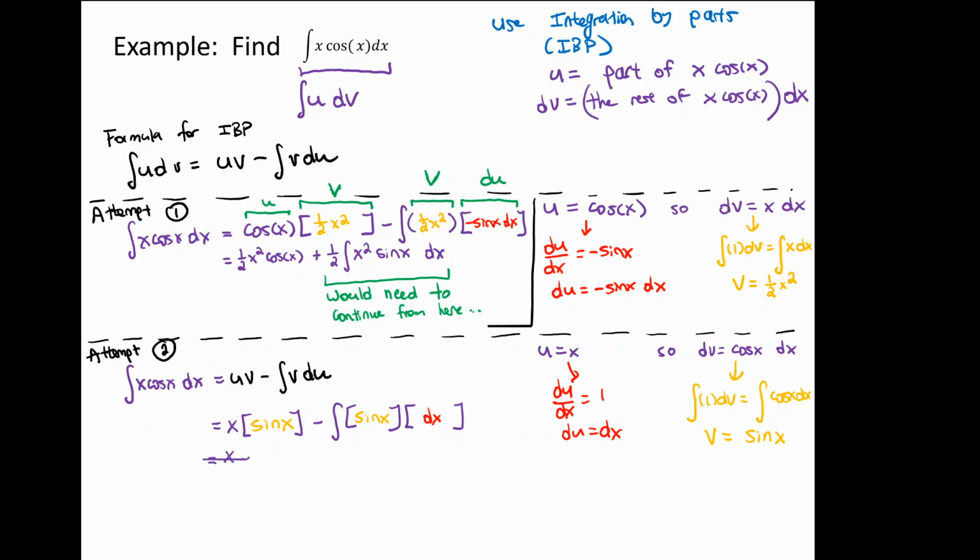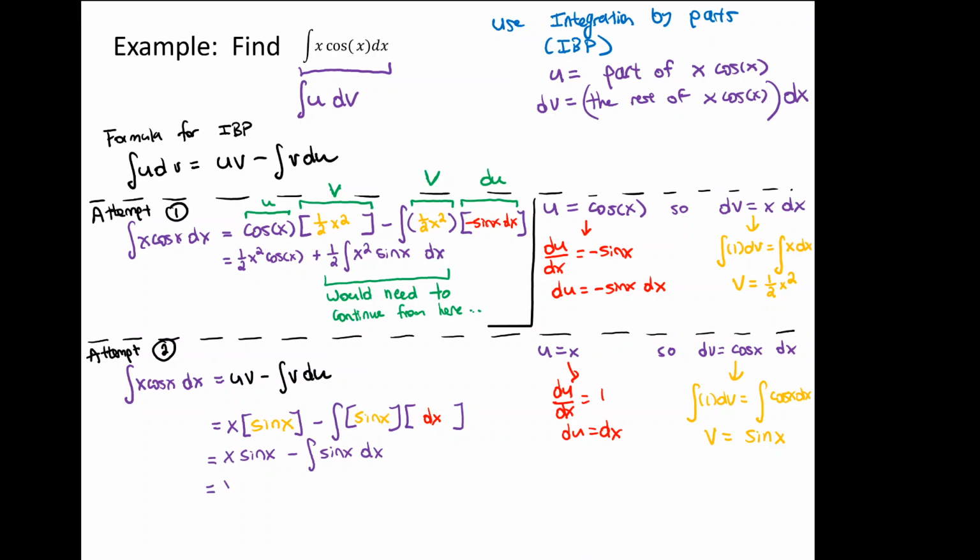Okay, so we have x times the sine of x minus integral of sine of x. Just getting rid of the colors and getting rid of the extraneous brackets. So this is what has been accomplished. We took the x times the cosine of x and have replaced it with an integral of just sine of x, which is simple.